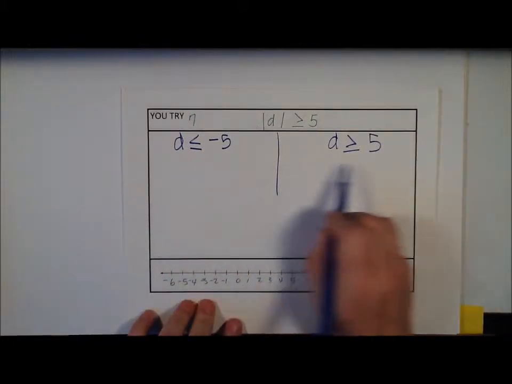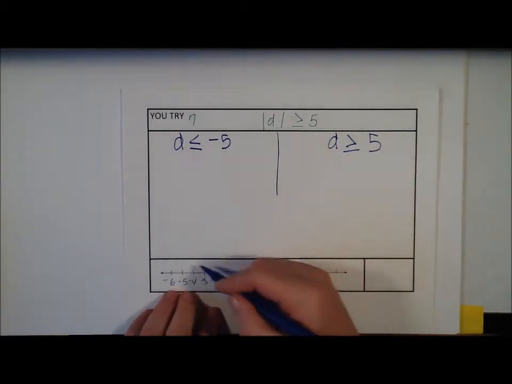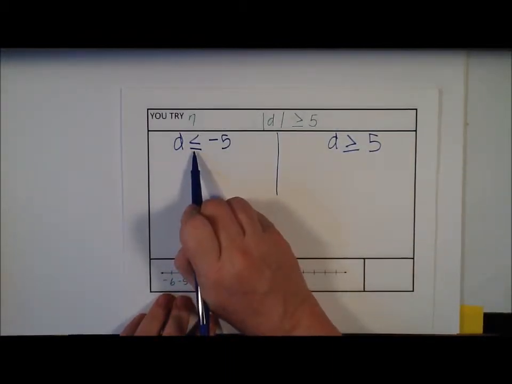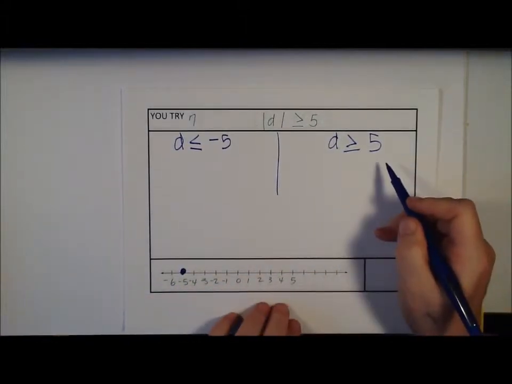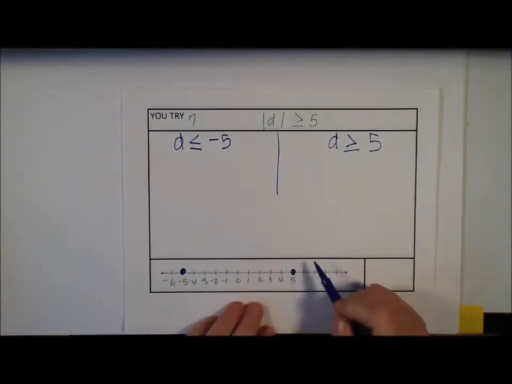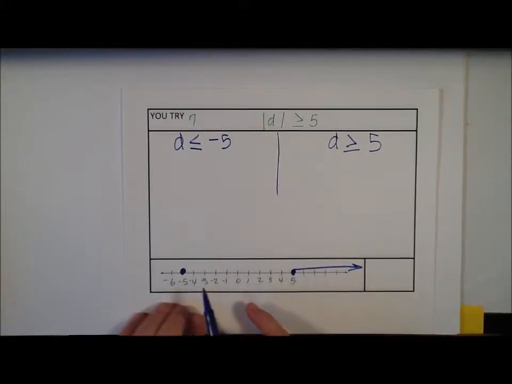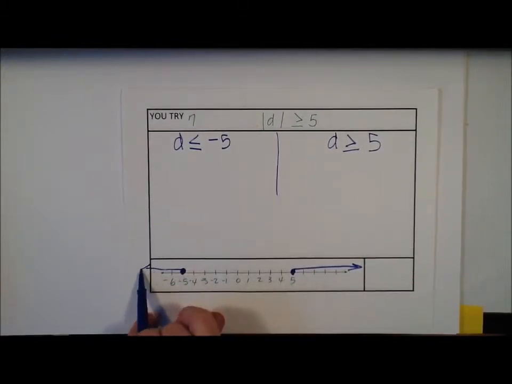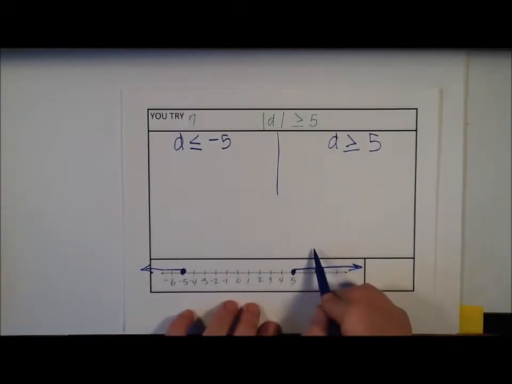So I don't have anything to do algebraically, so I'm going to do this. I'm going to find negative 5, which is here. It's a less than or equal to sign, so it's a solid. Here's positive 5, same thing, it's a solid. It's any number greater than that. It's any number less than that. You may not have enough room to write that, but let's do it.